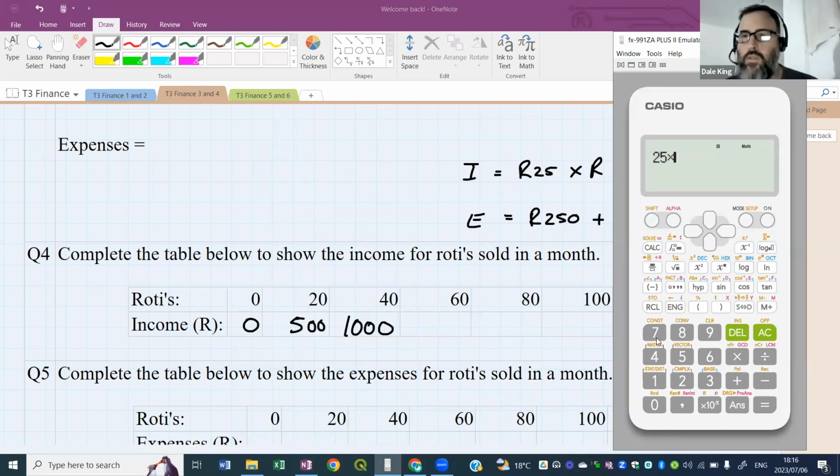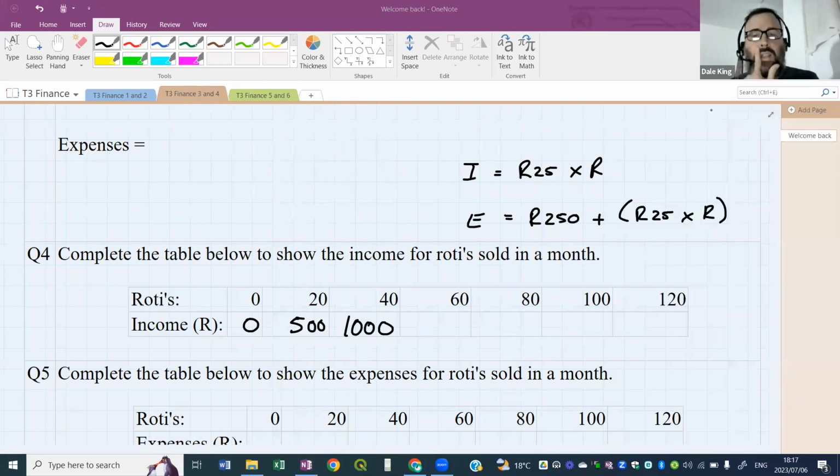25 times. We've just done the 40, so the next one is 60. And you're going to press equals. Then you're going to go to the equation, change it to 80, press equals, etc. Thank you, Katlecha. Oh, we need the 60. For 60, it's 1,500. Very good. For 80, it's 2,000.